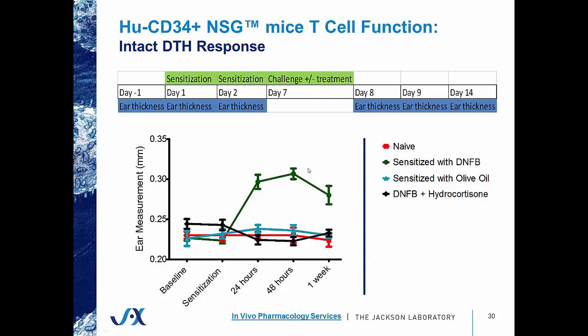Over the course of a week, we measure ear thickness, and we can see that humanized NSG mice that were sensitized with DNFB demonstrate this DTH response as compared to humanized NSG mice that were sensitized with only olive oil or with DNFB and hydrocortisone, which reduces inflammatory responses. So this demonstrates that humanized NSG mice do indeed have intact CD4 positive DTH responses.